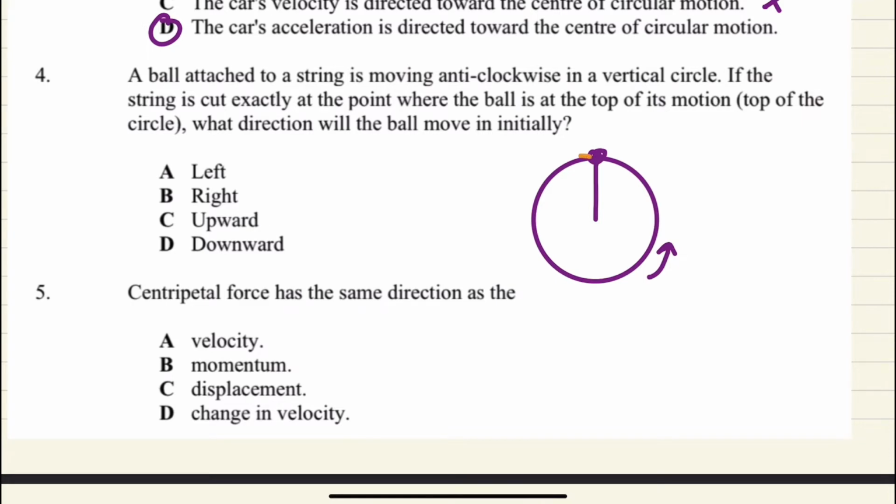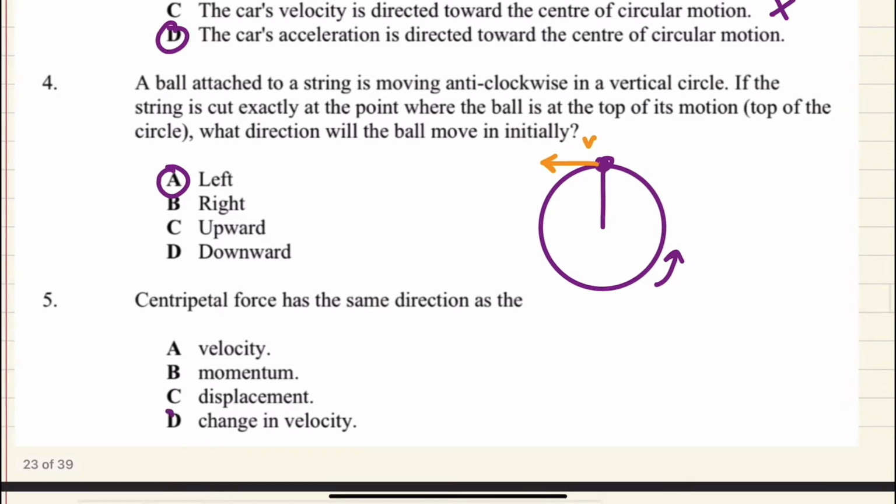At this particular point, the velocity will be directed to the left. Velocity should be tangential to the circle. So the answer is A. Centripetal force has the same direction as centripetal acceleration, which is the change in velocity.